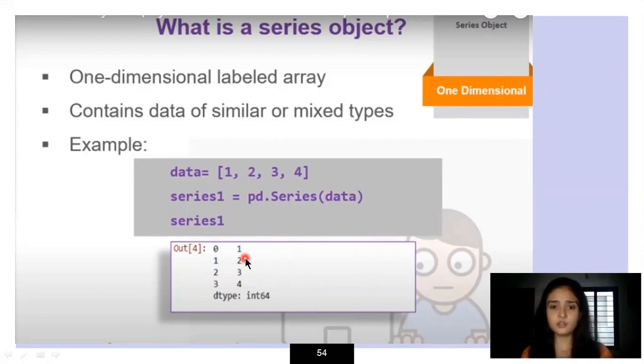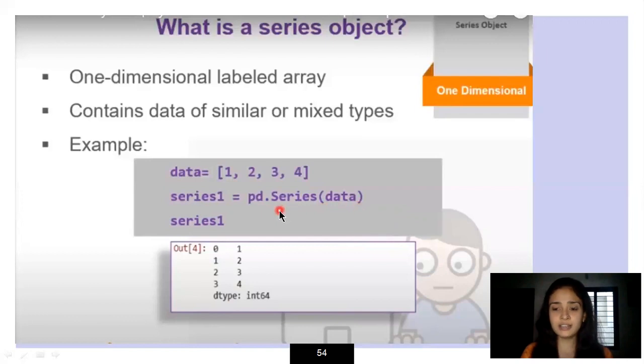Now you will ask that we already have lists and arrays in Python, so why are we using the Series feature of pandas? The answer is that a Series is also a one-dimensional array, but it is very fast compared to the normal list and array available in Python.